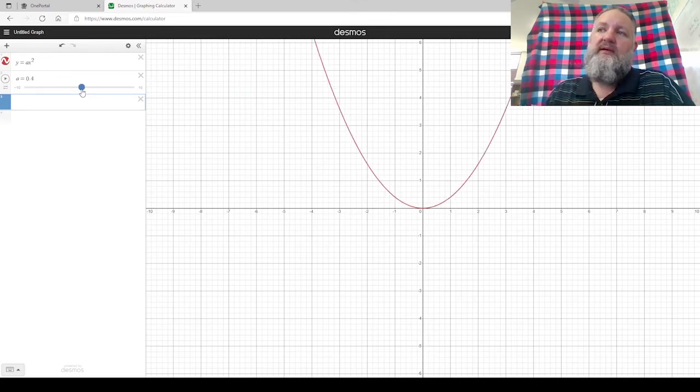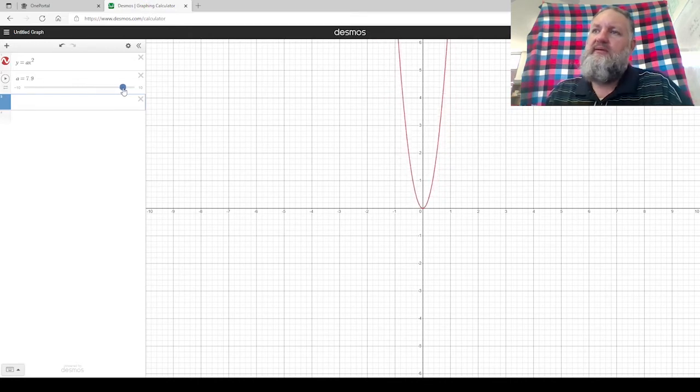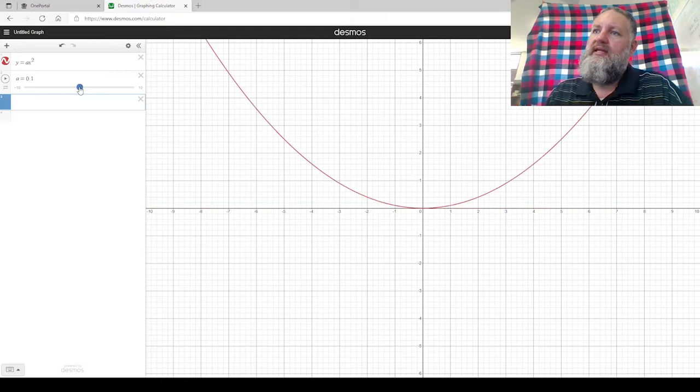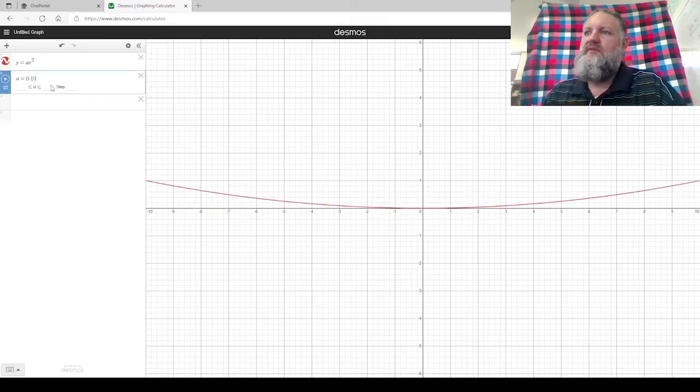Now, the bigger the value, the tighter and steeper the edges of that bowl shape get. When I get closer to zero, that bowl will start to flatten right out. If I force it to be an even smaller value, there you go, you'll see that it's very, very shallow now.